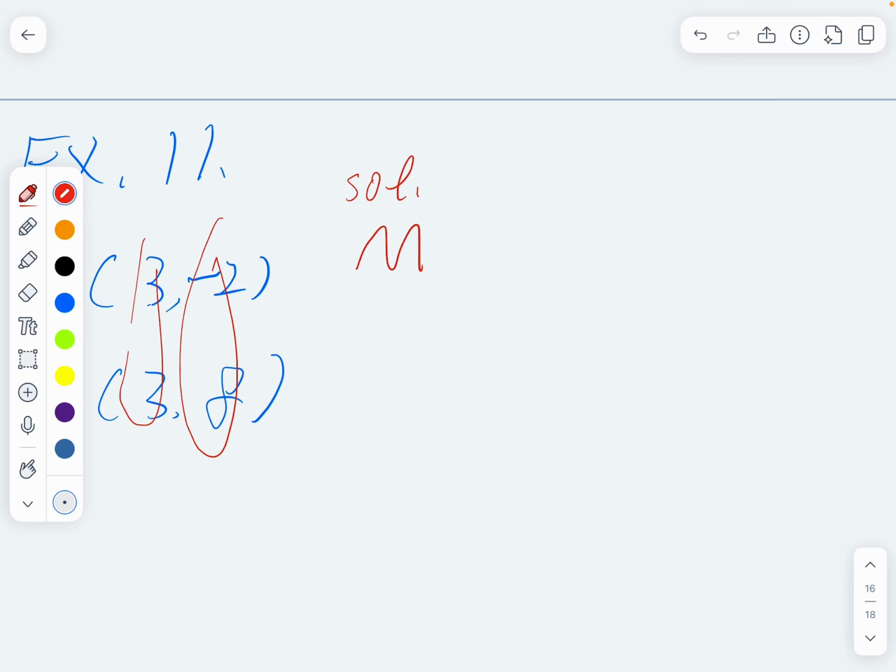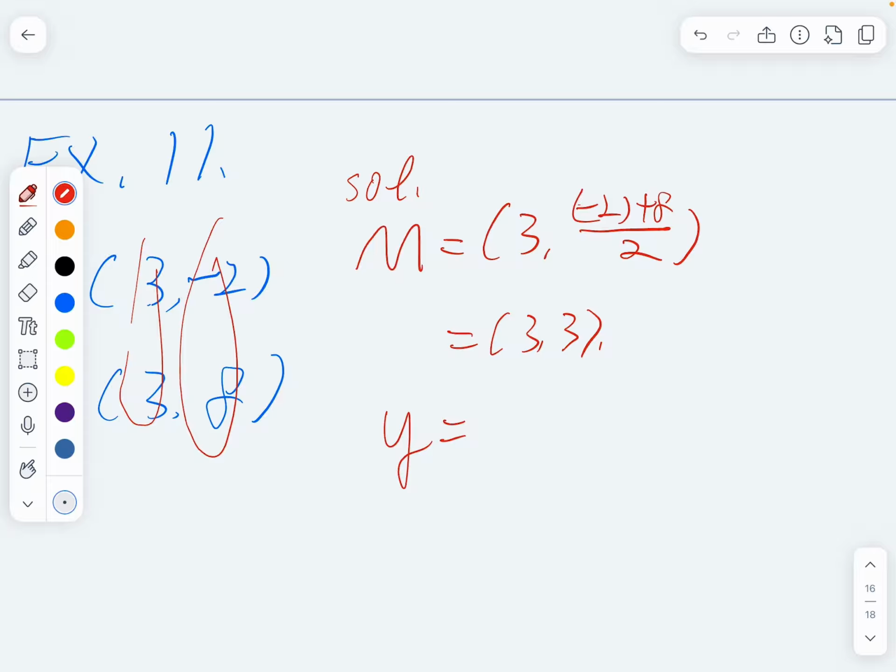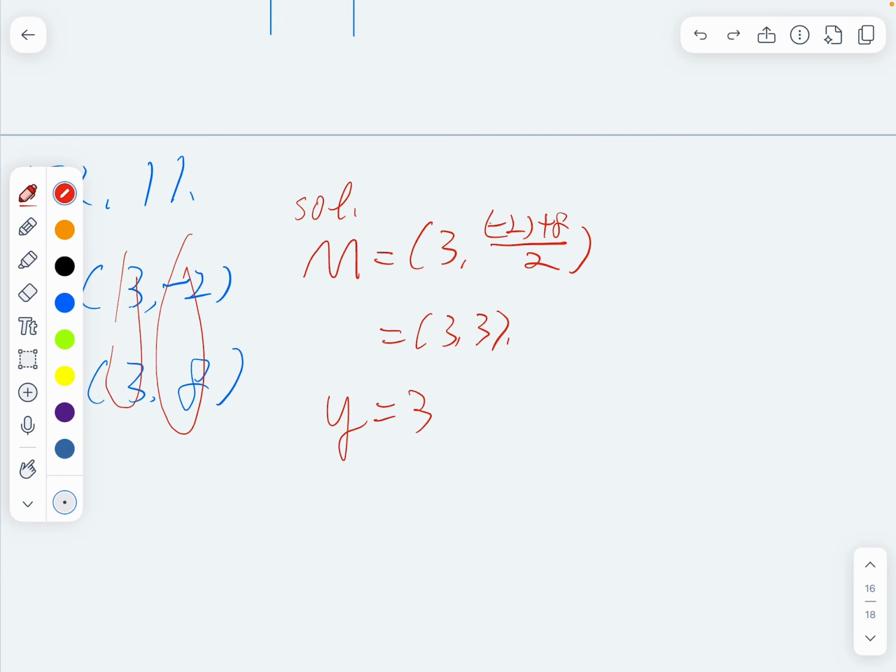Solve it. The solution: M is the midpoint, and the line equation is y equals 3. Okay, that's the end of this section.